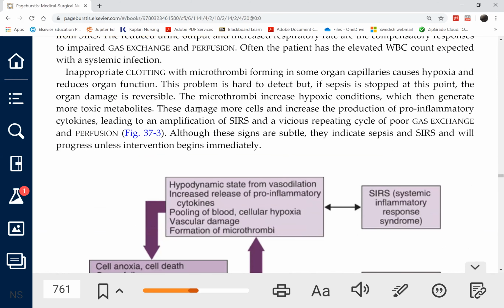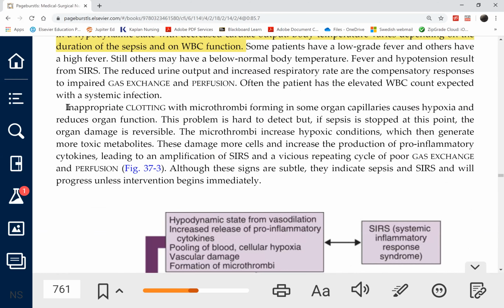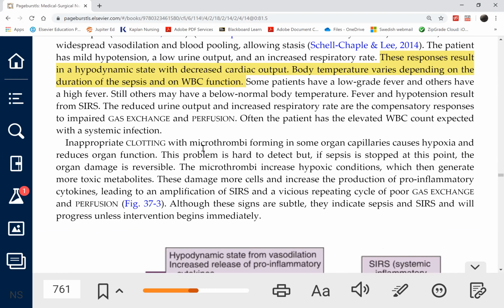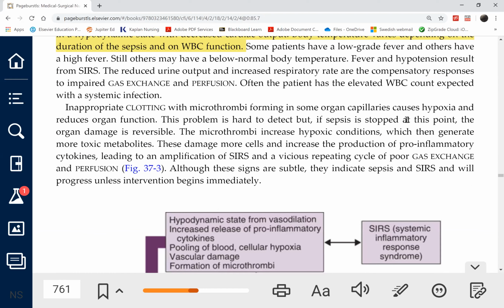Also, some minor changes in this stage: this is still part of the severe inflammatory response. There is now inappropriate clotting, and you can see later when we go to septic shock, this patient actually goes into DIC. But the early stages of DIC begin at this stage, although it's not widespread yet.